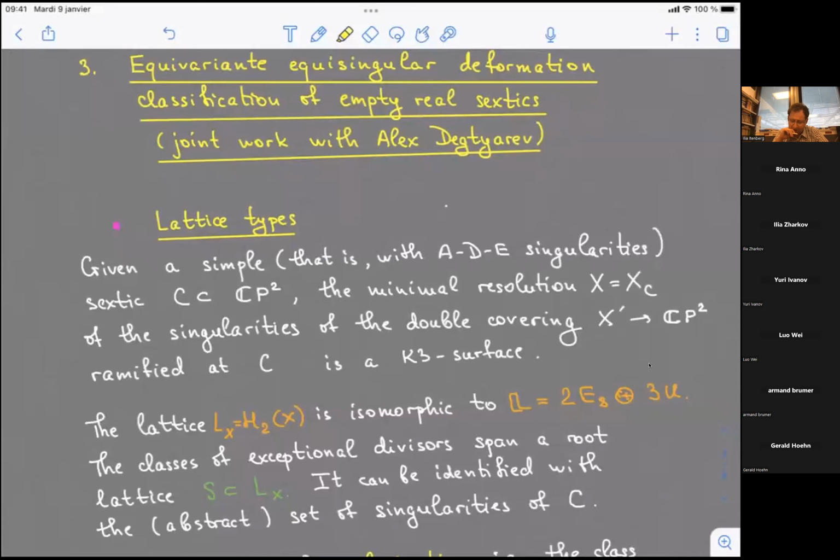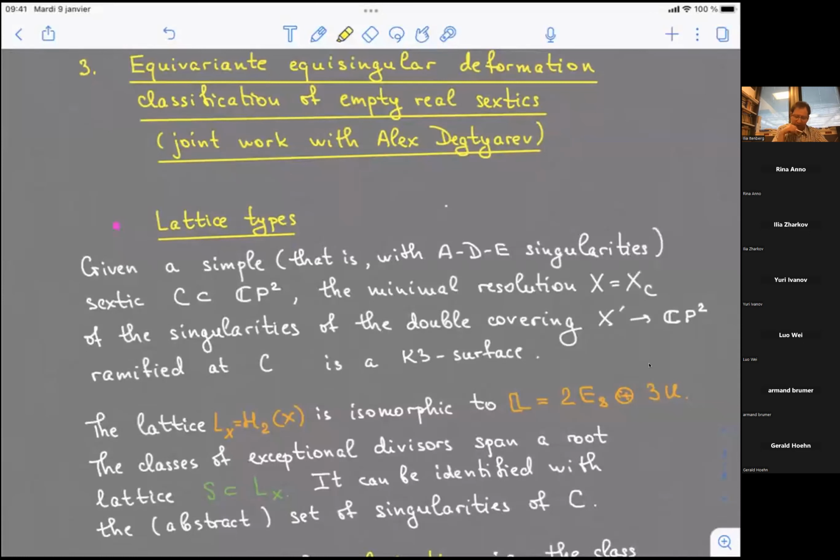I will not be able to show you how this classification looks, but I will try to explain how this classification is formulated, at least.